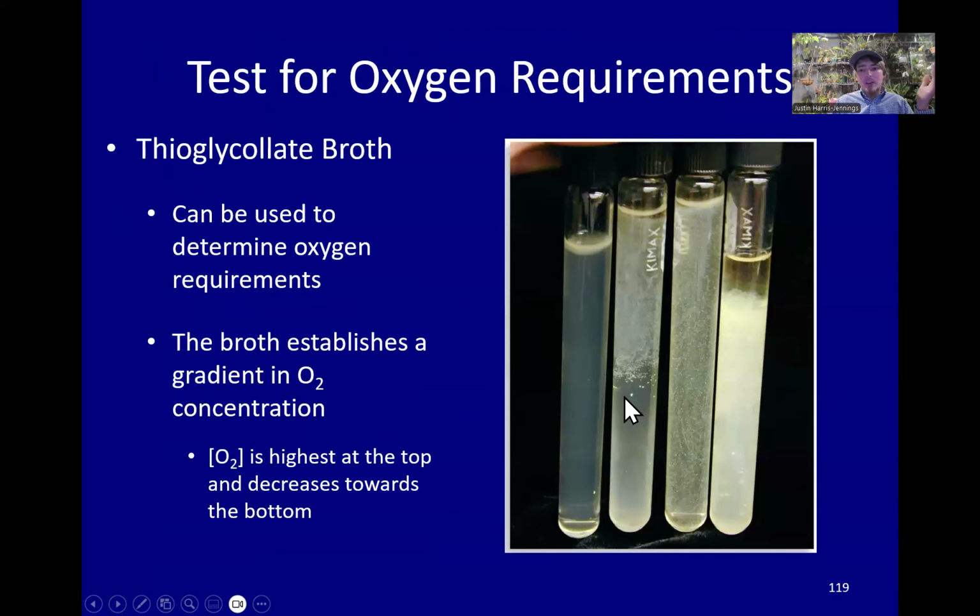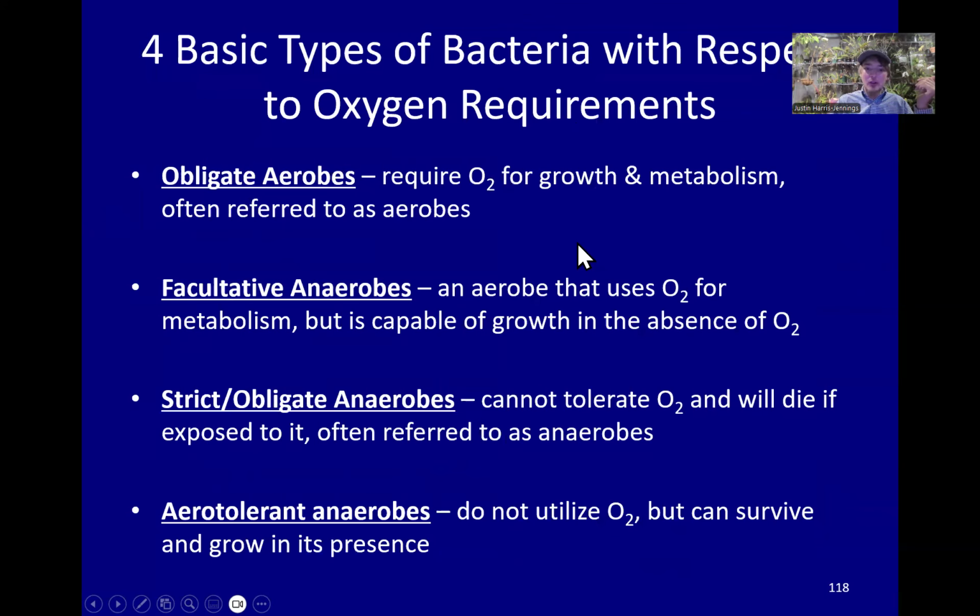I have an example of this. So here's a tube with liquid where at the top you have high concentrations of oxygen, and at the bottom you have low concentrations of oxygen. Depending on where the bacteria grows, it determines how much oxygen it can withstand. This first one is at the very top only. You can see that cloudiness, and that's the bacterial growth.